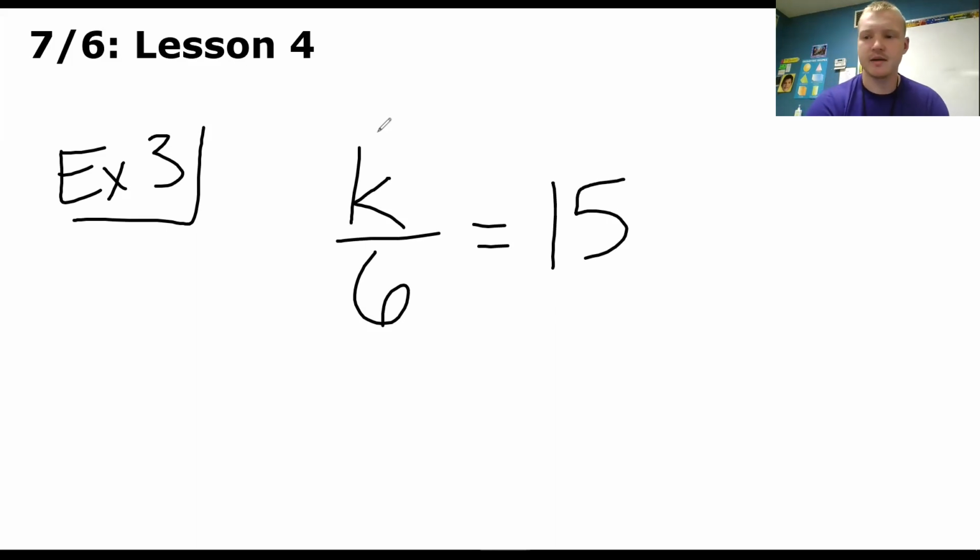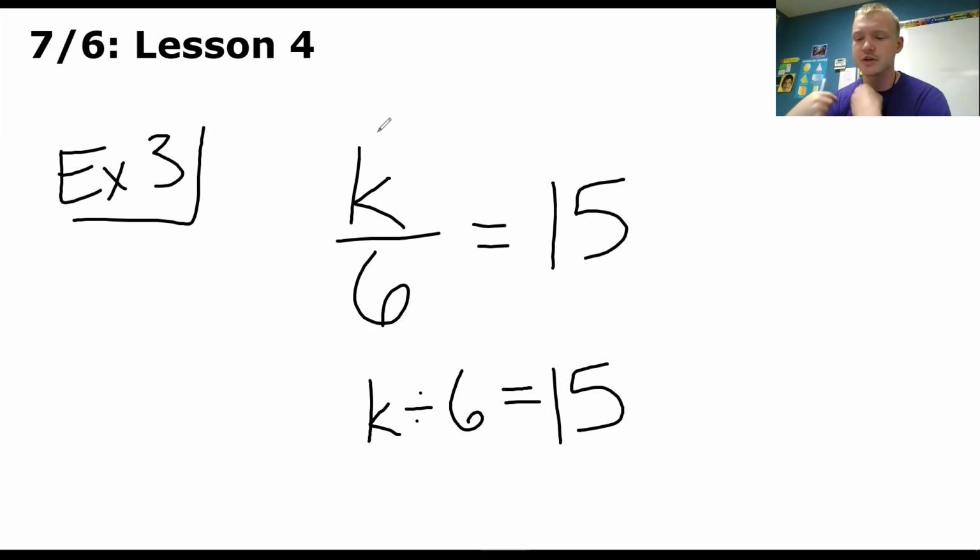So k over 6 or k divided by 6 equals 15. Okay, that's another way you could see it. Now let's rearrange it so we can solve for this problem.